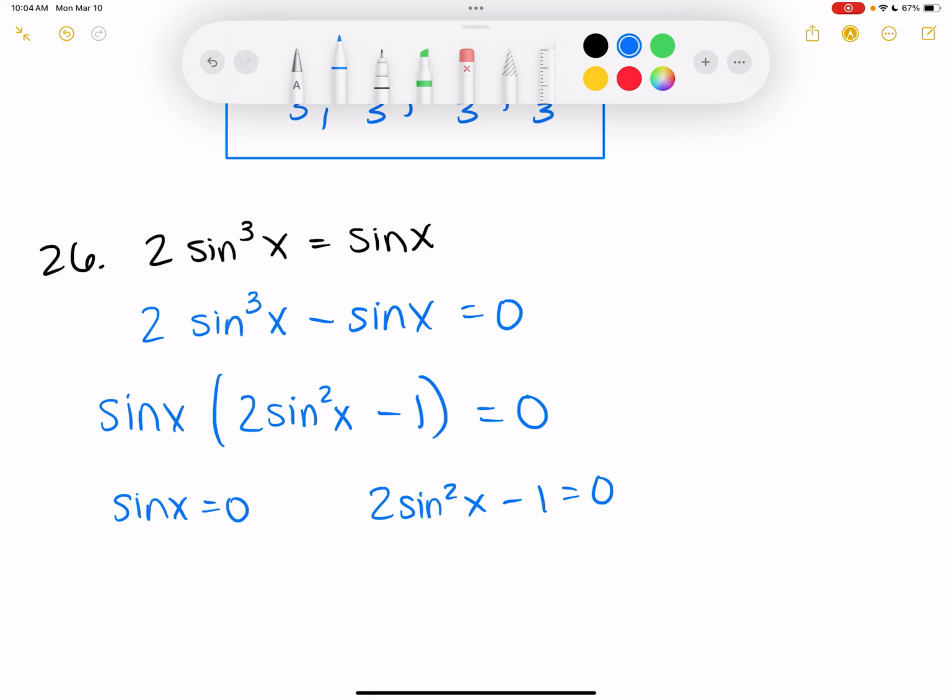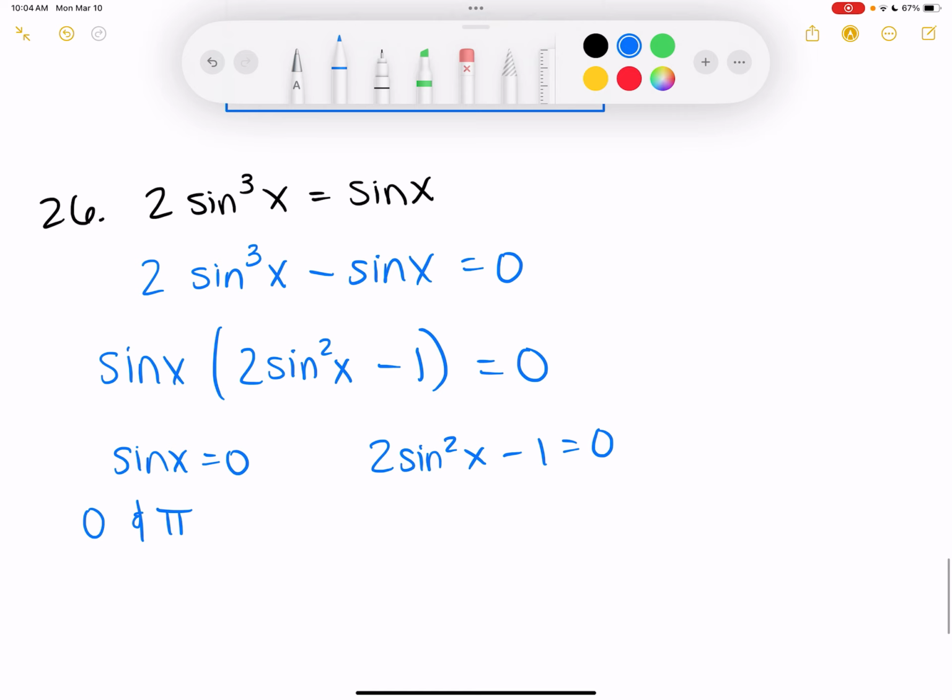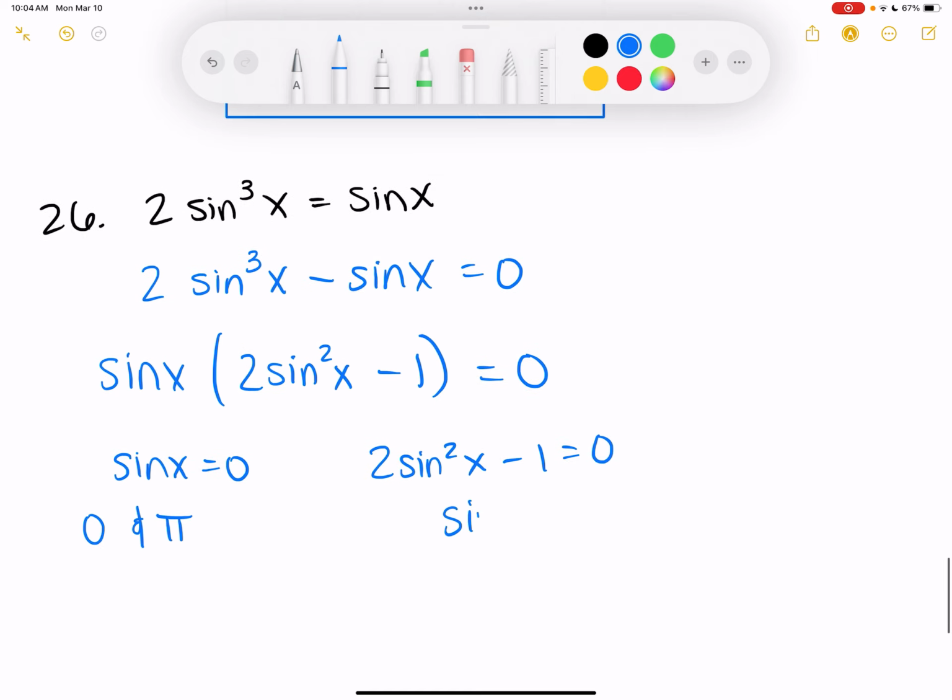So where is sine 0? At 0 and pi. I'll come back to that in a minute because these are supposed to be general solution problems. Then over here, sine squared of x equals 1/2.